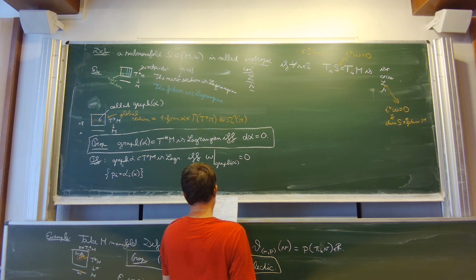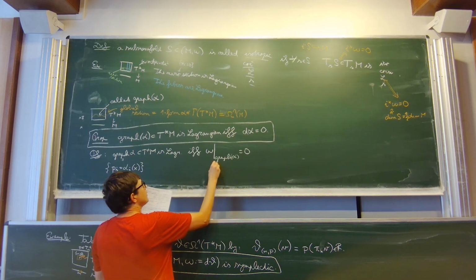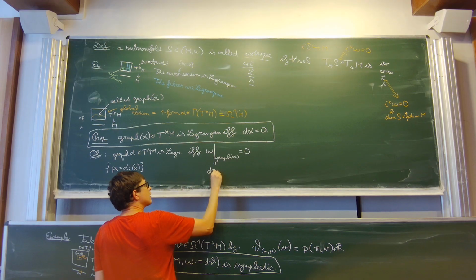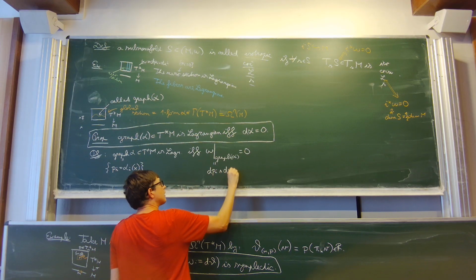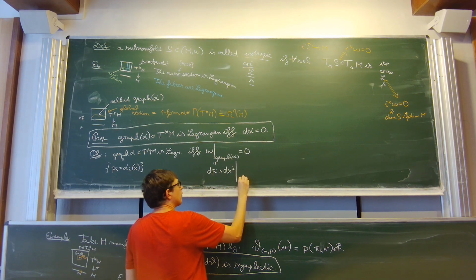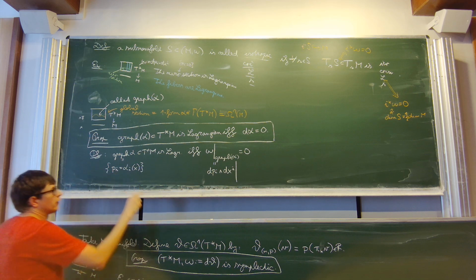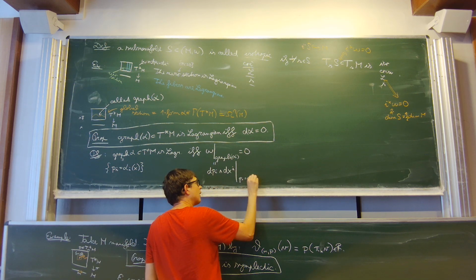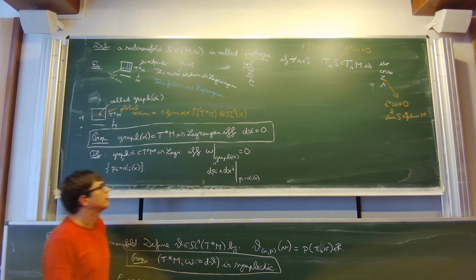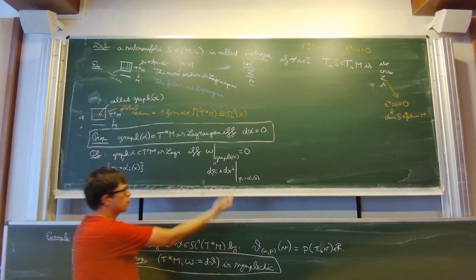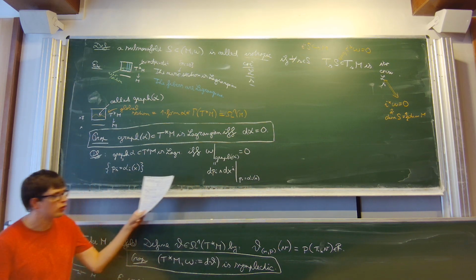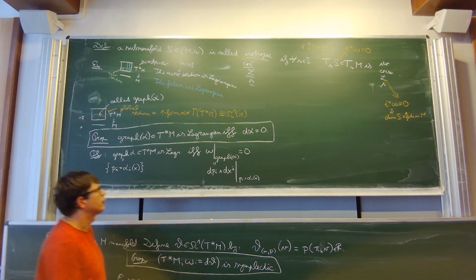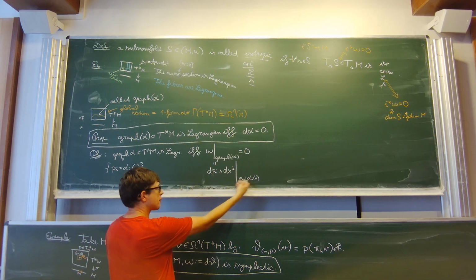Okay, and now let's calculate this. In our local chart, omega is simply dp_i wedge dx_i. Now I want to restrict the whole of it to this subspace, so essentially I impose the condition that p_i is equal to alpha_i of x. I just plug it in, and that's how you restrict forms, that's how you do pullbacks. You literally express all these functions in terms of that.